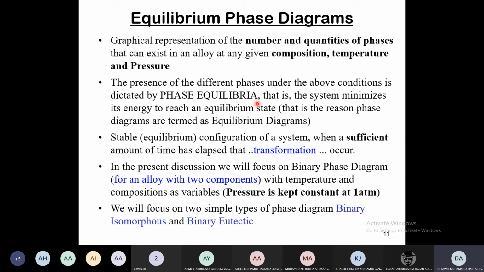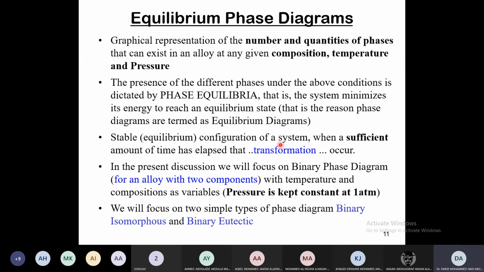The phase that you are going to get by doing that will be what we refer to as a non-stable phase. So this is what we are saying. Stable or equilibrium configuration of a system is achieved when sufficient amount of time has elapsed for the transformation to complete.